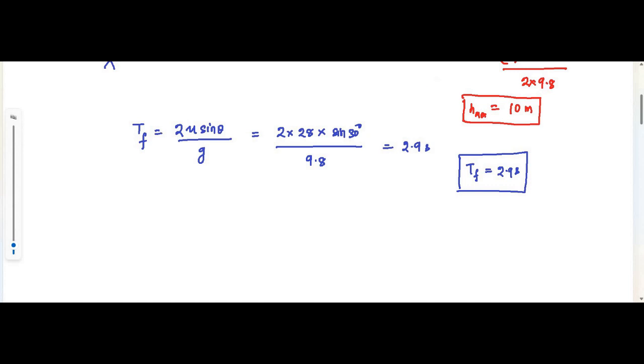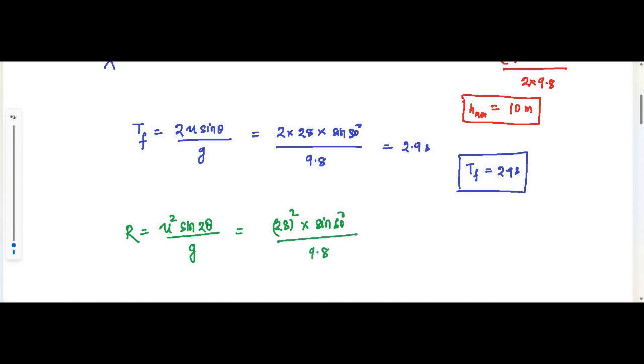Then it has been asked to find the horizontal range. The horizontal range formula is equal to u square sine 2 theta by g. So 28 square into sine 60 degree by 9.8, where sine 60 is root 3 by 2.